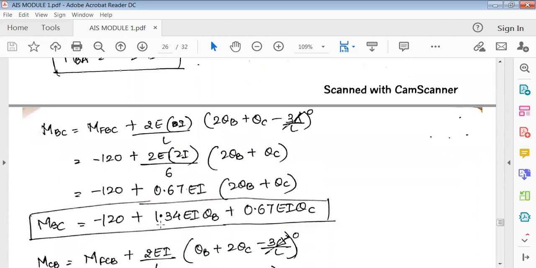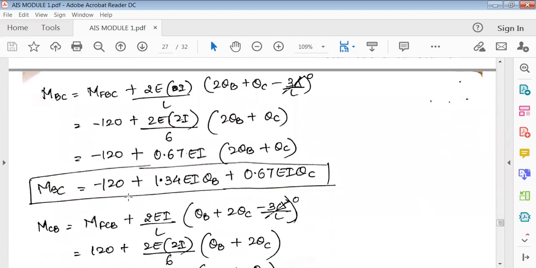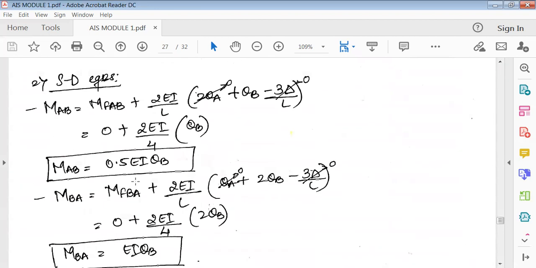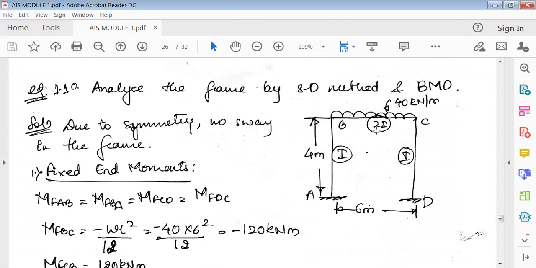Then MBC. Find the next equation, that is MBC is MFBC plus 2EI by L. Again, B is the first term here, so 2 times theta B plus theta C minus 3 delta by L. Now you have to be careful here, because in span BC the I value becomes 2I.